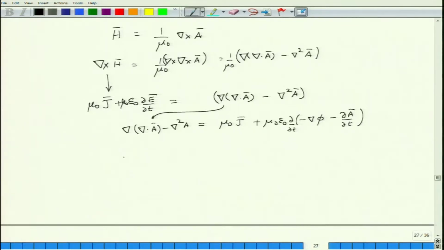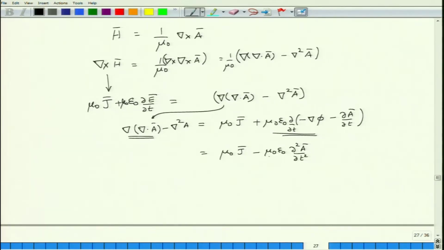So can I rearrange the equation? Yes, there is one gradient term onto the left hand side. There seems to be one more gradient term on the right hand side, although other terms are not present. So this would be equal to mu naught J, first simplifying the right hand side, and then there is a minus sign up here. So there is a minus mu naught epsilon naught del square A by del T square.